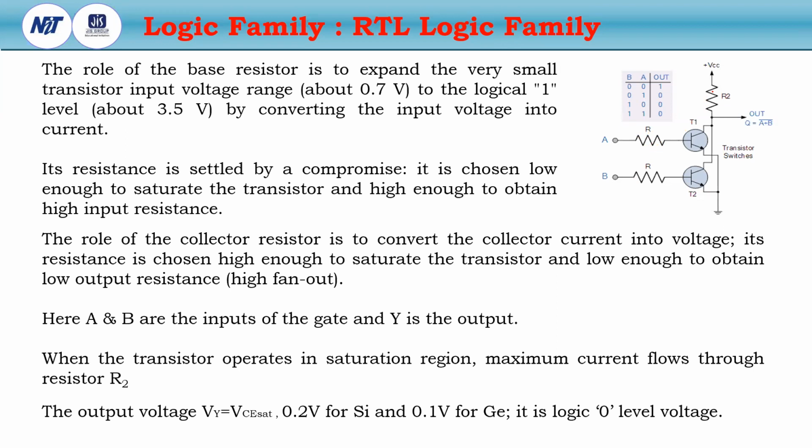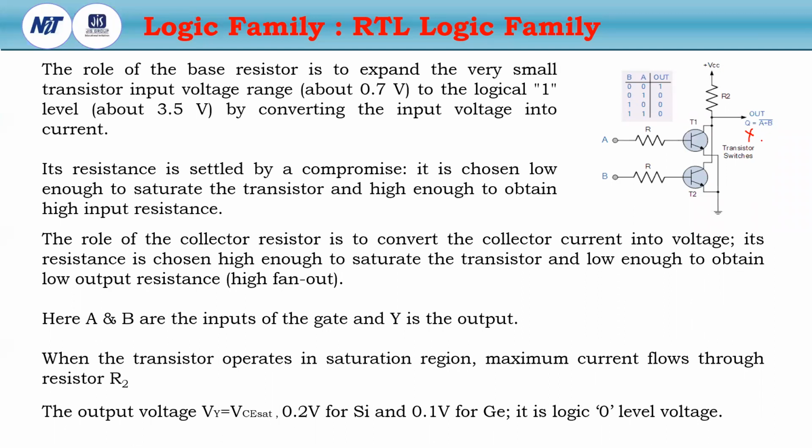But the collector resistance should be high enough to saturate the transistors, and low enough to obtain the low output resistance to get the high fan out of the logic gate. Now A and B are the two inputs, and Y or Q is the output.